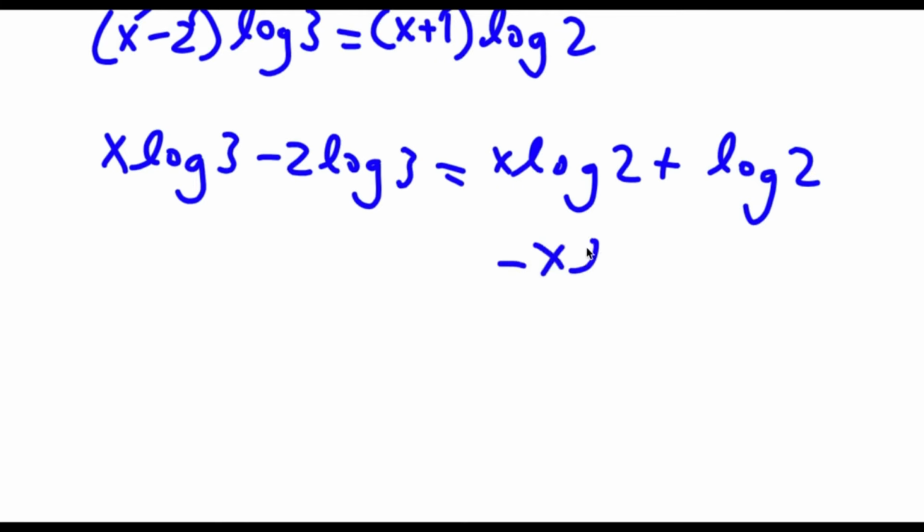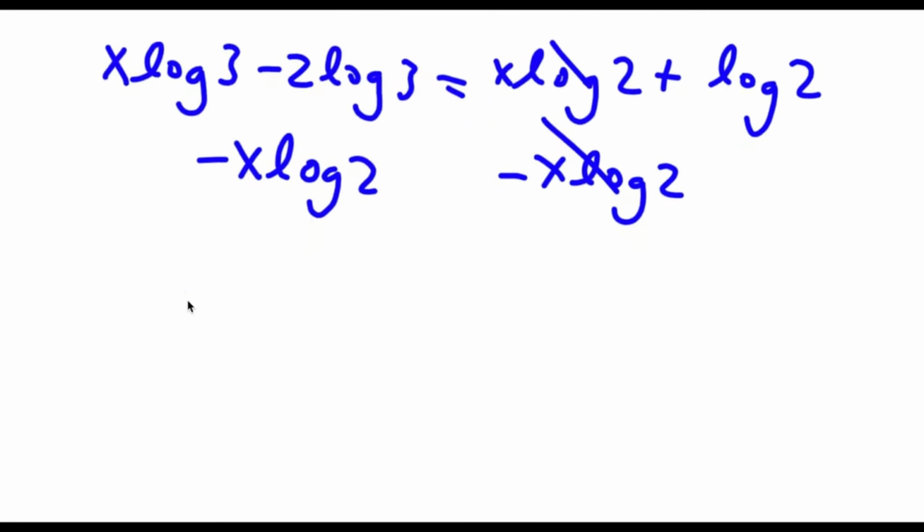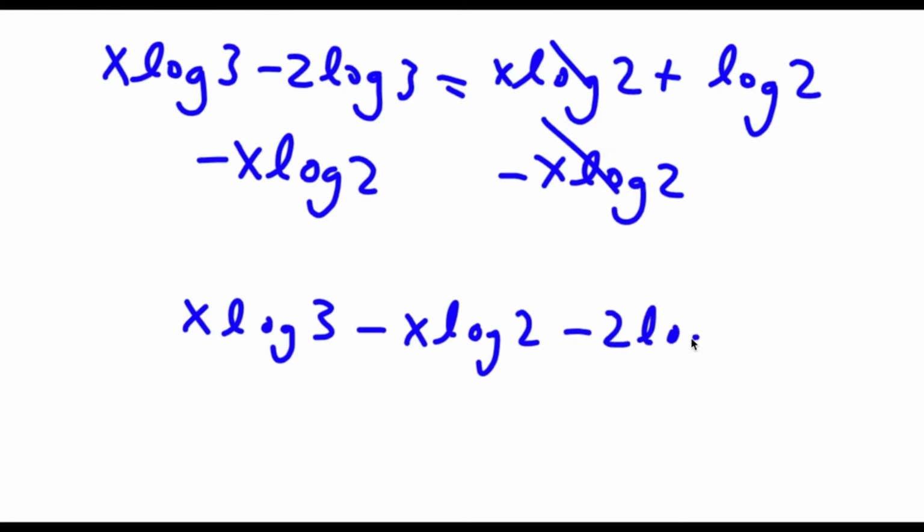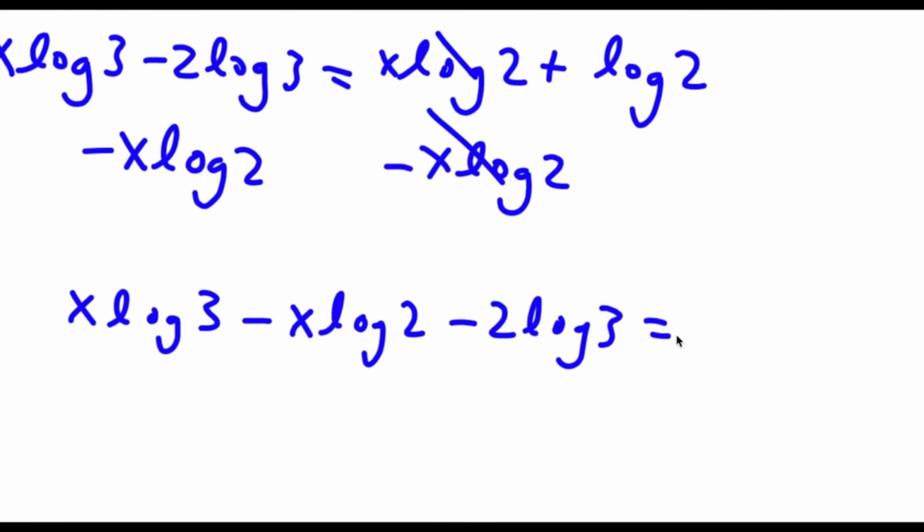Now I'm going to subtract x log 2 on both sides. So then these two cancel out, and now I'm left with x log 3 minus x log 2 minus 2 log 3 is equal to log 2.